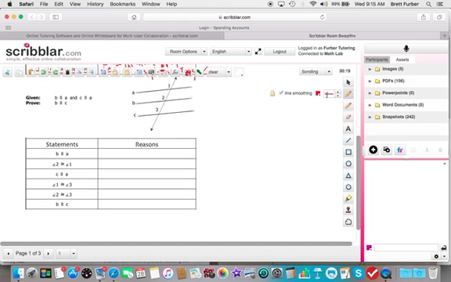Okay, so let's look at the information that's being given to us and what we're being asked to prove, okay? So it says B is parallel to A, so B and A right here are parallel to each other. And the other one says, and C is parallel to A. So we're basically comparing both this line and this line in reference to line A, okay?